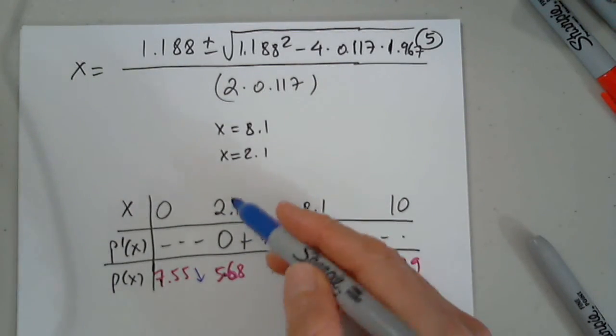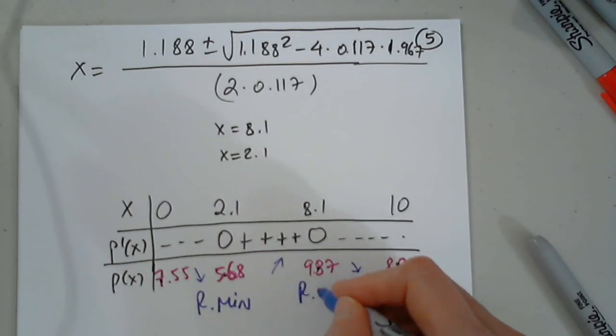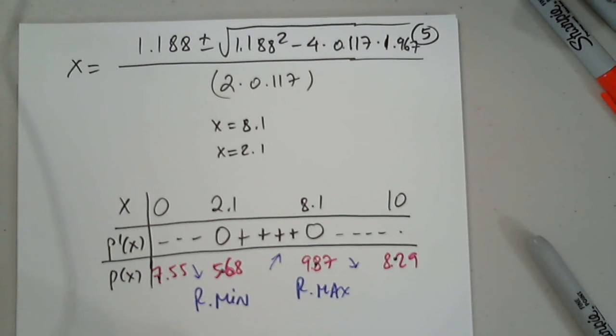So it turns out that this is a relative min. It turns out that this is a relative max. And this is nothing, and this is nothing. So this is also the absolute minimum, and this is also the absolute maximum. So we were asked to find the maximum.